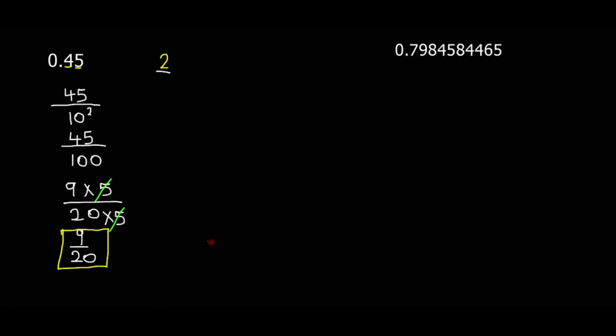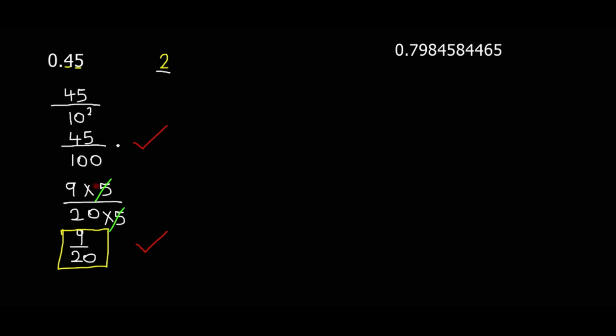But let's say in a test you struggle to simplify, maybe you get confused somewhere. All you can do after this step is press this number on the calculator. If you press 45 divided by 100, you will get 9 over 20. Because they mark this step and this step.